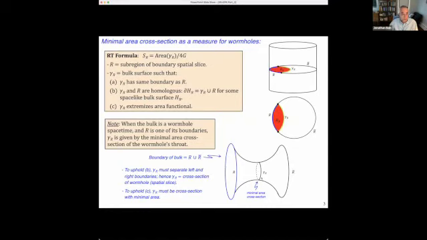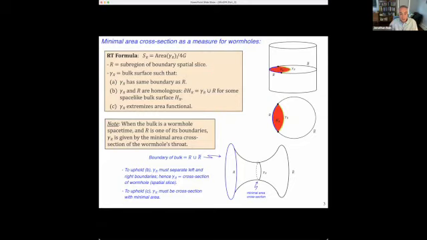In this particular setup, we can still identify a minimal area bulk surface, gamma R, associated with R. But in this case, to uphold condition B of the RT formula, our gamma sub R must be a cross section of the spatial slice. And remember, we've identified spatial slices as kind of wormholes at an instant. That's because, according to condition B, the union of gamma sub R and R must form the boundary of a completely enclosed bulk surface.